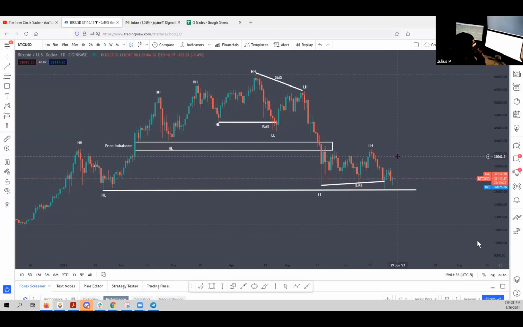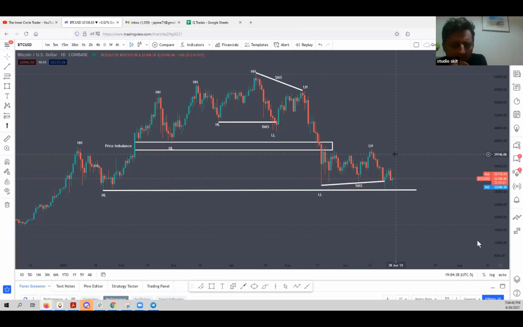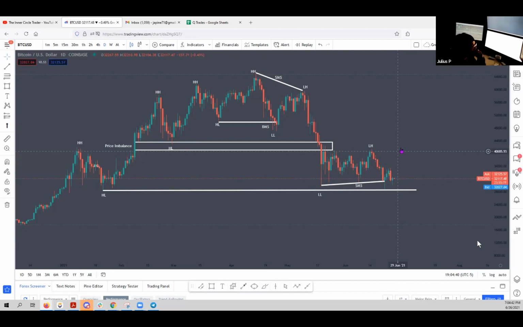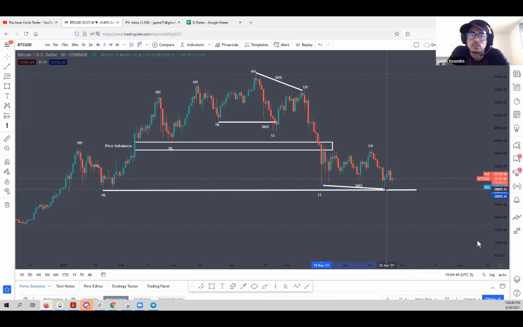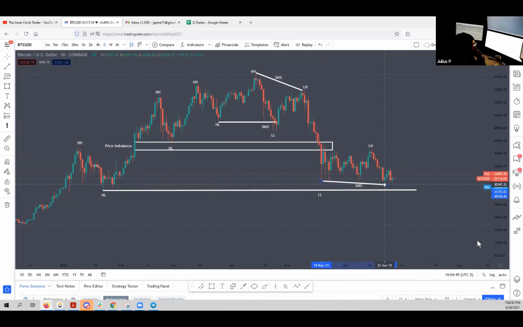Wait, I'm not clear on that. I would not mark it that way. Yeah, I know that you probably do this. That's what I would have done too. Yeah, I know. This is when I backtested this, and the way I was taught.